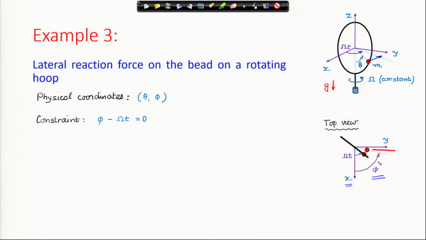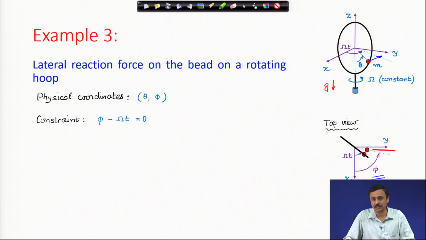I measure the plane of the bead by this angle phi. Therefore, the bead has moved out of the hoop. I have broken that lateral constraint, which makes the bead always stick to the hoop or slide on the hoop. It can now move out of the plane of the hoop, and this angle is phi. So I am giving an additional angular displacement, which I put as a coordinate.